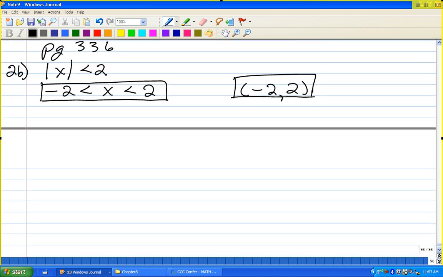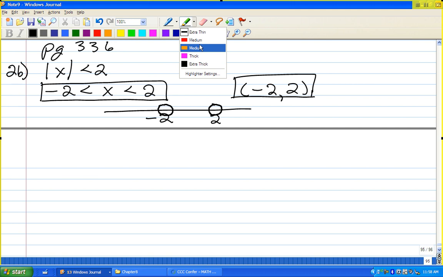And so it looks like I'm going from -2 to +2, and so it is everything in between. And so it's just the open interval from -2 to +2.